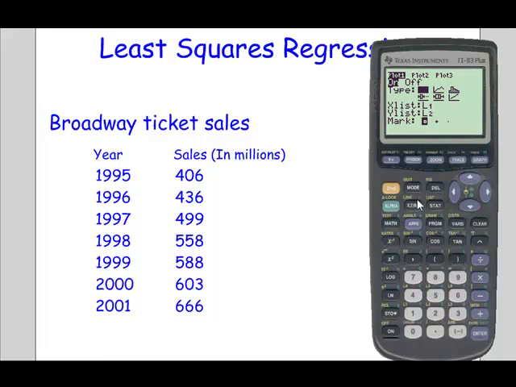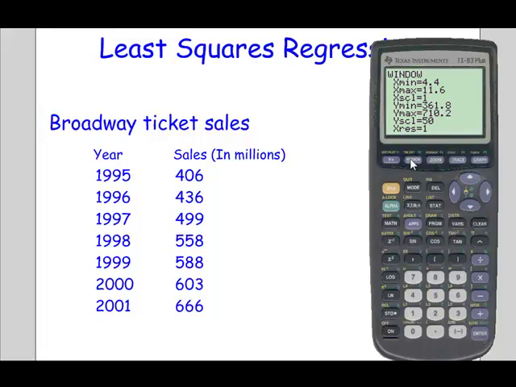Alright, and to then graph these, we're going right to zoom, and it's going to be zoom stat number 9. And then we go ahead and enter, it's going to plot these points.